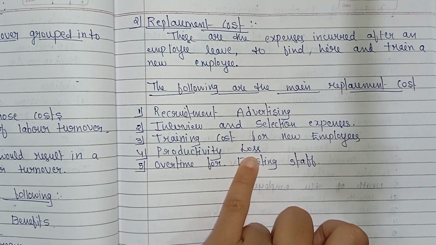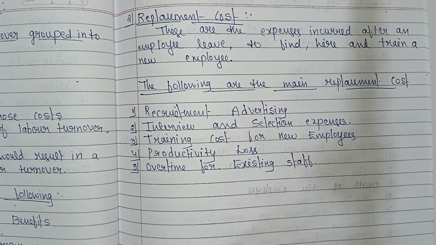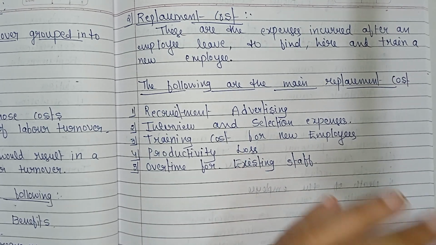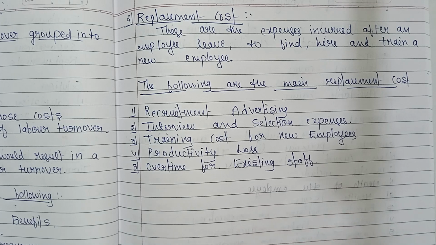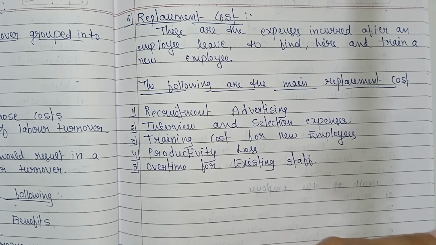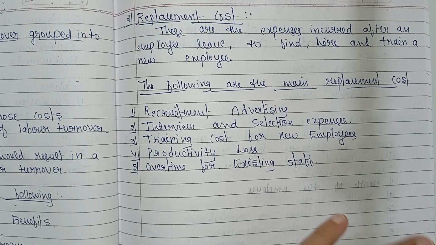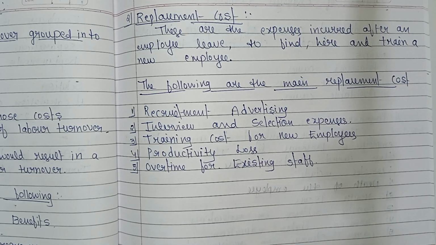And the fourth one is productivity loss. It means the temporary drop in output when a new employee takes time to reach full efficiency, because he is new to the organization, right? Immediately he is not able to do the work effectively or efficiently, so that will take time.